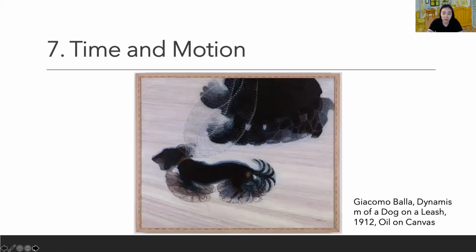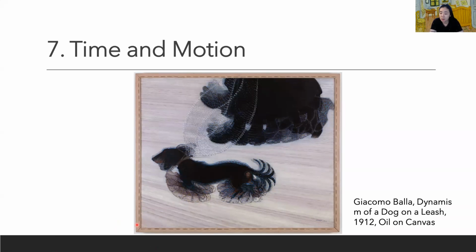And there's another example of implied motion on a two-dimensional work. This is a painting by the futurist artist Giacomo Balla. The title is Dynamism of a Dog on a Leash, from the 20th century.